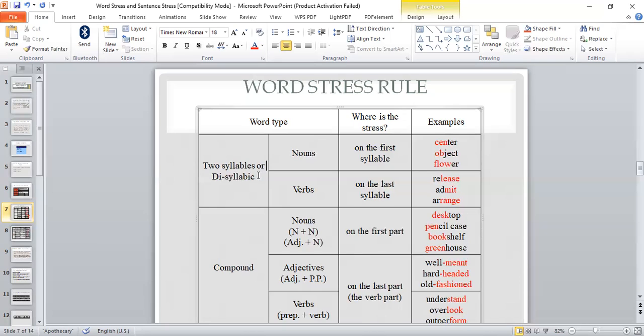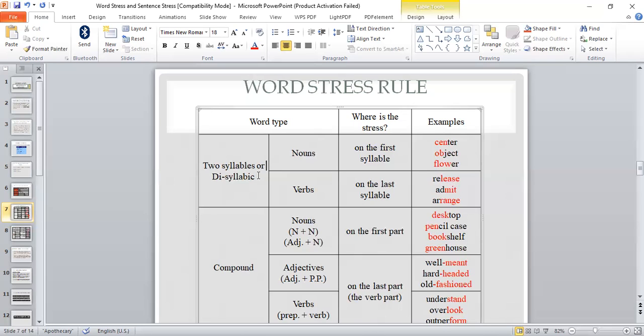And then we'll move up from there and go into compound words. By the time we go into compound words, we realize we can have a compound noun, we can have a compound adjective, we can have compound verbs. So as much as we can have singular words in the English language, we can have compound words. Now, if you have a compound noun, that is maybe a noun plus a noun, or an adjective plus a noun, and these two parts of speech join together to form a noun, it means the stress is placed on the first part.